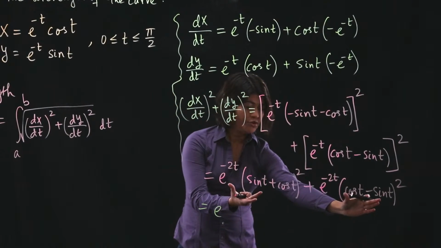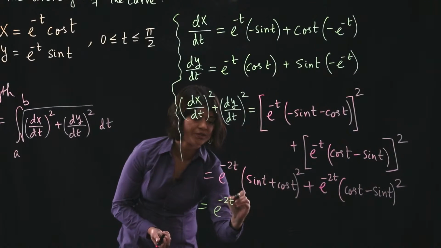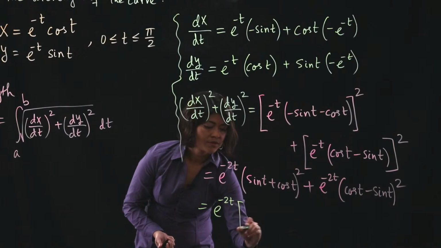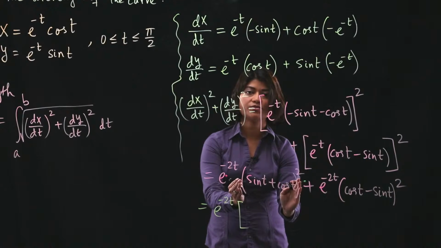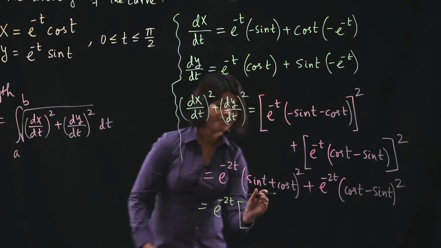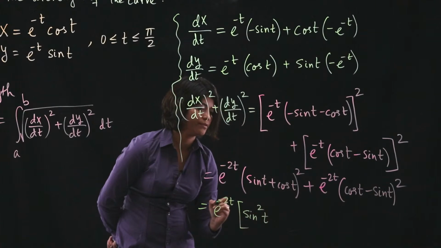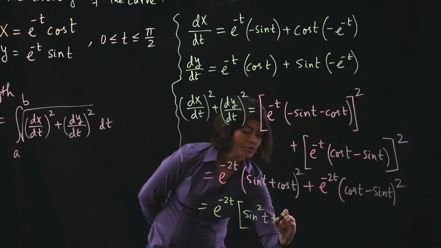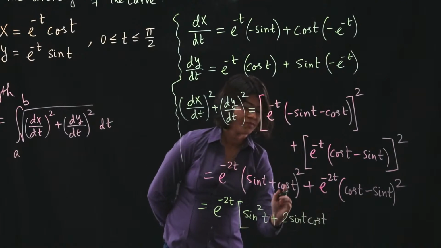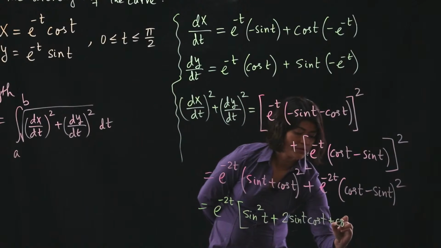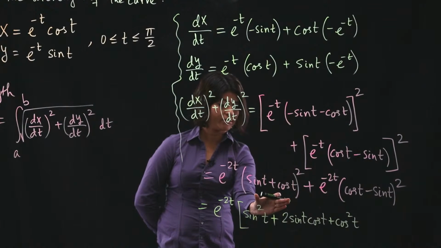All right, let's simplify further. Now, from these two terms, you see that we have a common factor of e to the negative 2t. Pull it out, and let's see if we FOIL (sine t plus cosine t) squared, what do we get? Well, we square sine t, so we'll have sine squared t plus 2 sine t cosine t plus cosine squared t. That's only from this first term.